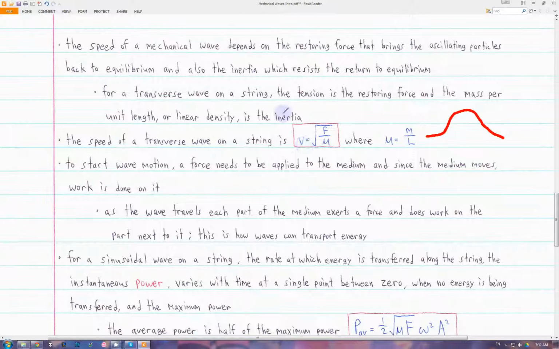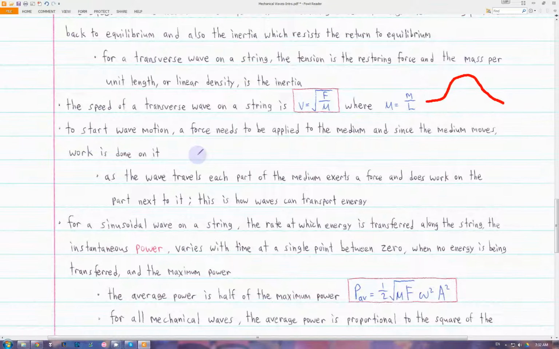So now we're going to look at energy in these mechanical waves. To get a wave started, to set the particles in their harmonic motion, we have to apply a force to the medium. And since this medium starts moving if we apply a force to it, that means we did work on the medium.